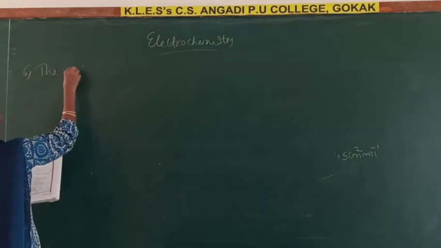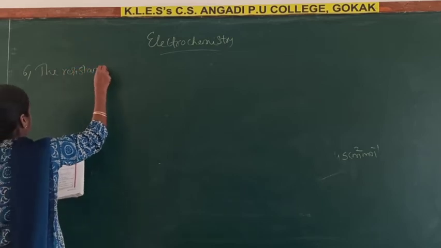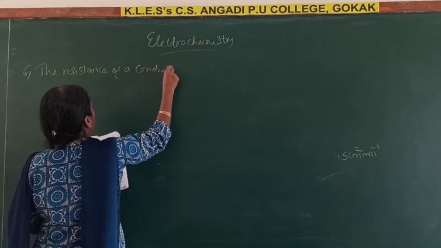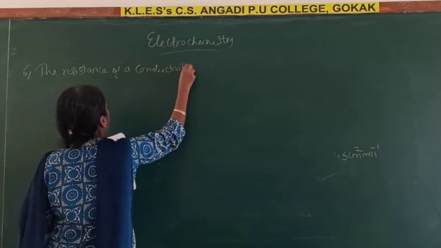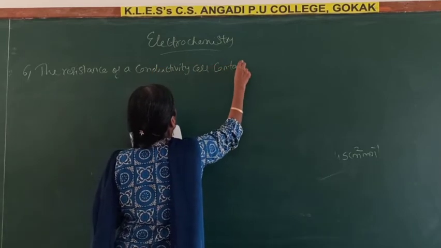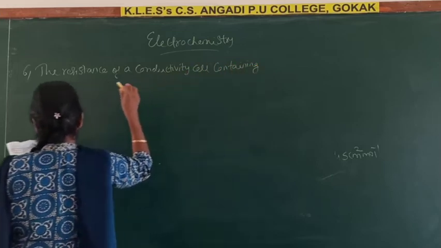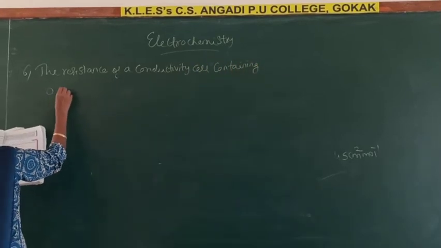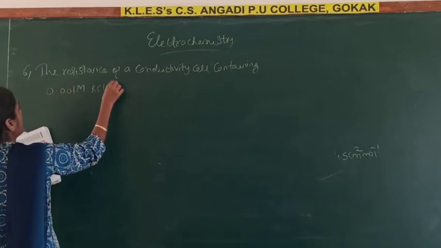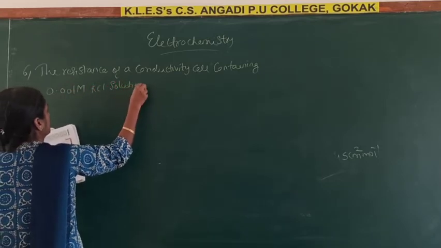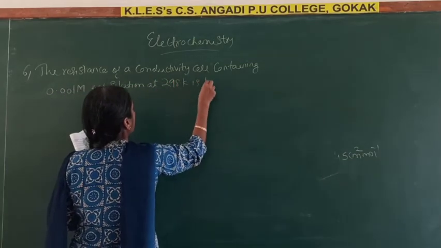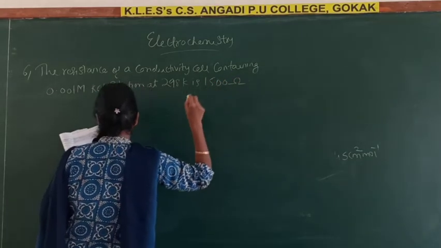The next problem: the resistance of a conductivity cell containing 0.001 molar KCl solution at 298 Kelvin is 1500 ohms.